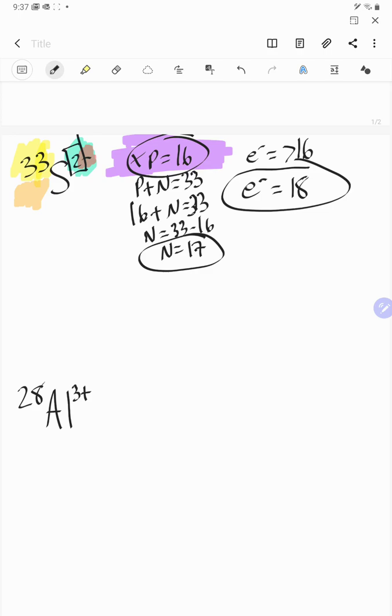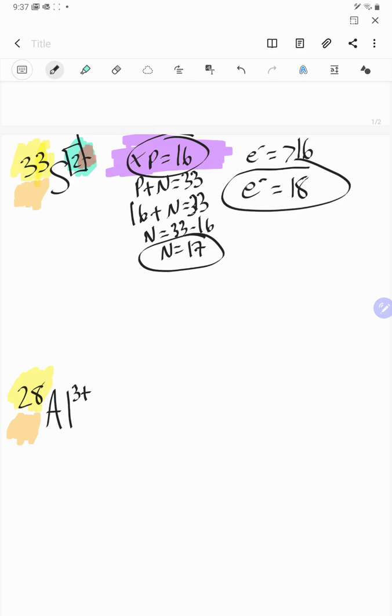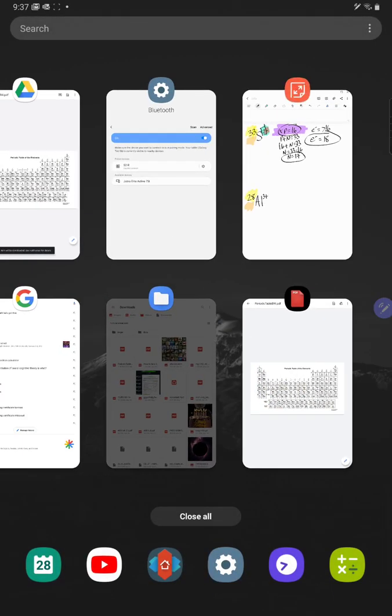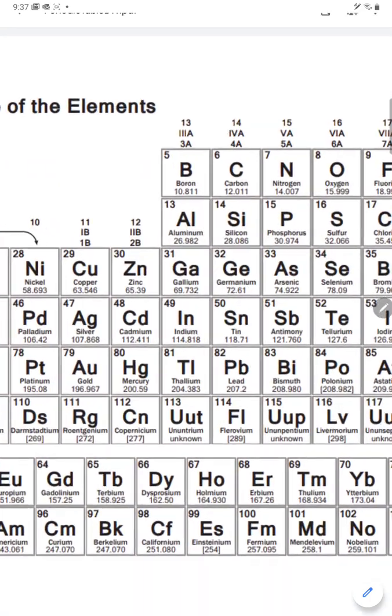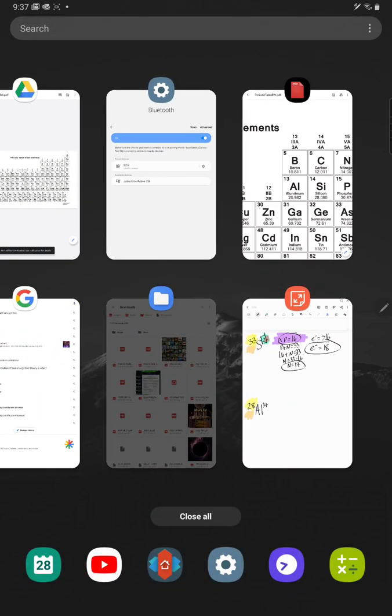Lastly, if we have a positively charged ion, let's see what we do here. It's going to be a lot of the same. So we have the mass number, and we are not given the atomic number. So we're going to have to look that up. We're going to have to find aluminum on the periodic table. So aluminum has an atomic number of 13, meaning it has 13 protons.